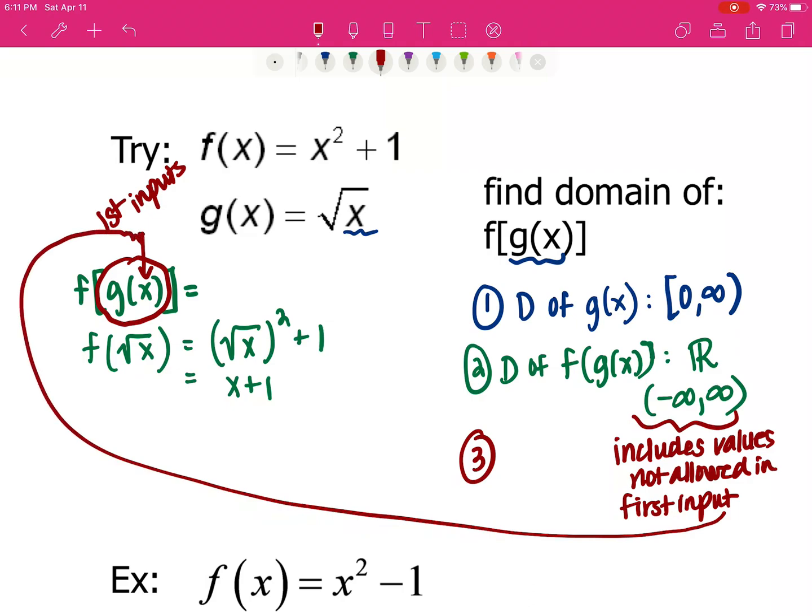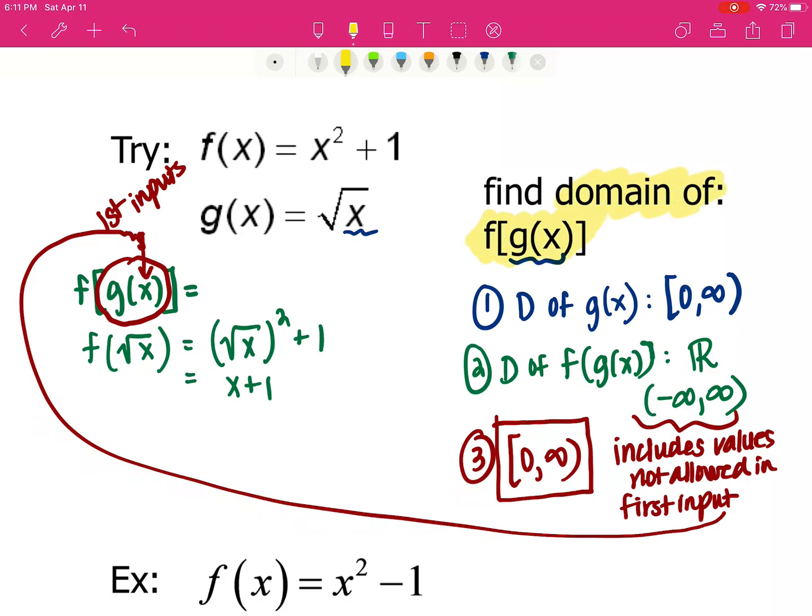Right there, there are values that aren't allowed. Therefore, we have to go back to 0 to infinity being our domain. I'm going to highlight this. 0 to infinity is our domain of f of g of x.